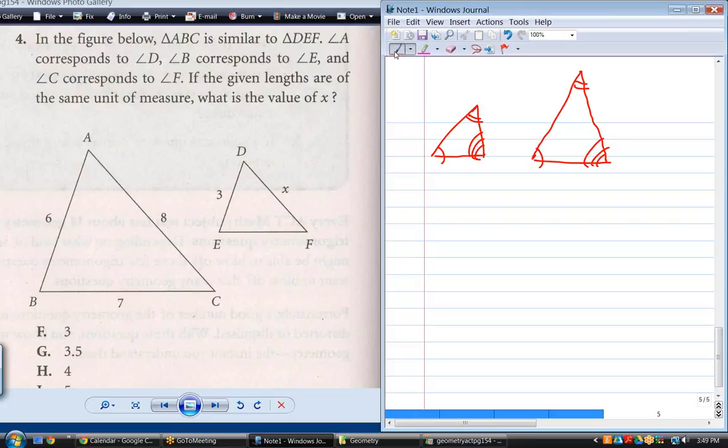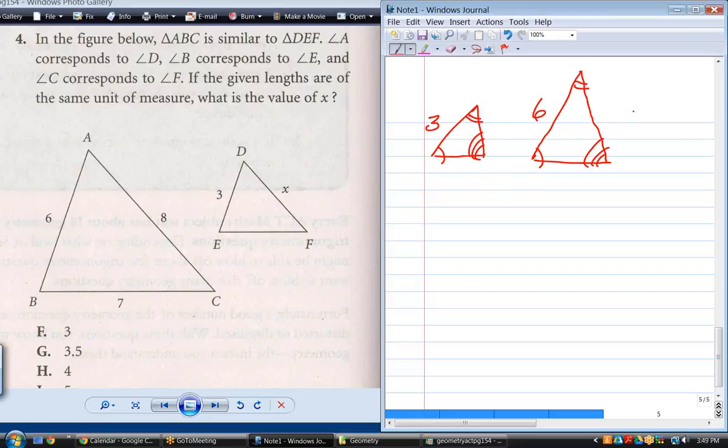The thing about similar triangles is the proportion of their sides is the same. In our picture here, the small one has a side of 3, the big one has a side of 6. That gives you a similarity ratio of 1 to 2 or 2 to 1, depending on which way you're looking at it. That ratio is the same for every side of that triangle.